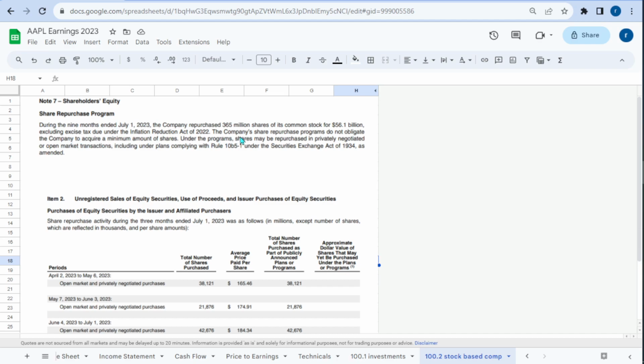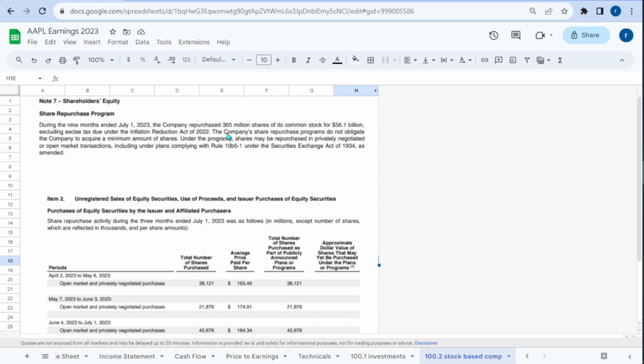And then right here it says the company share repurchase program do not obligate the company to acquire a minimum amount of shares. So basically, if they say, hey, you know what, we authorize X amount of money to purchase these shares, it doesn't mean that they have to use all of that. So yeah, basically they spent $56.1 billion right there.